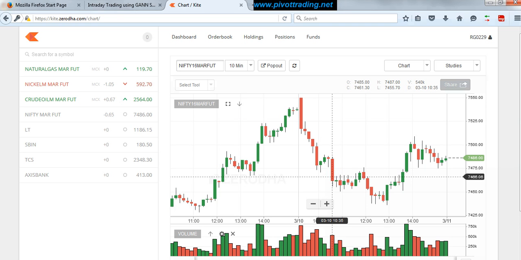And let's see where the market moved. The market moved a little down till the level of 7451, and then it bounced back a little till 7475, and then it moved back to reach our third target of 7442. So on the candle of 12:15, we got our third target also achieved.